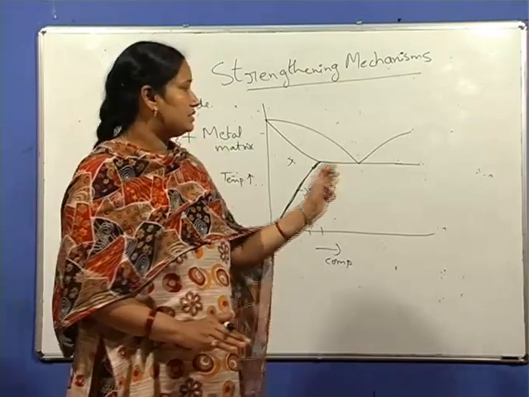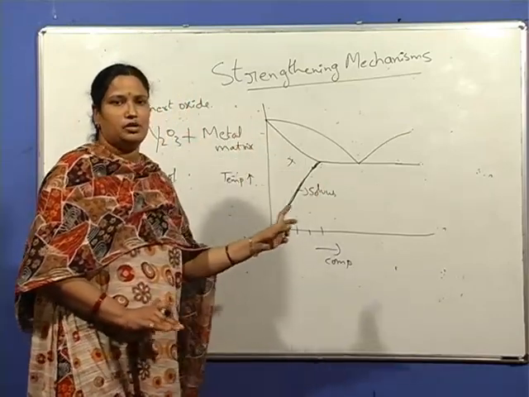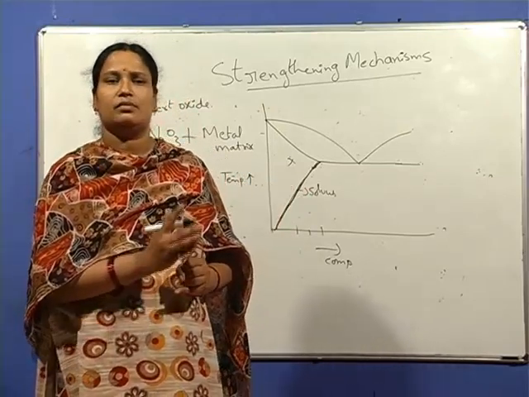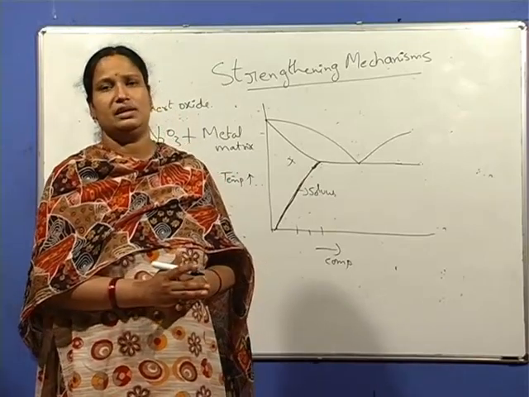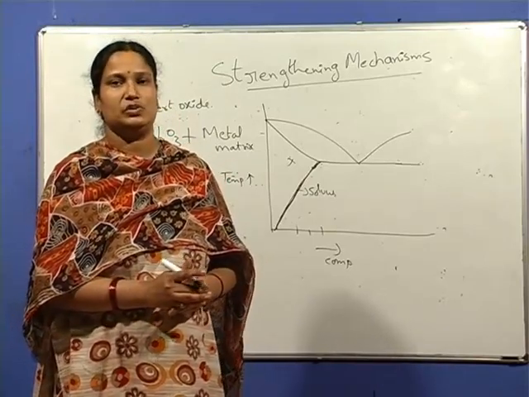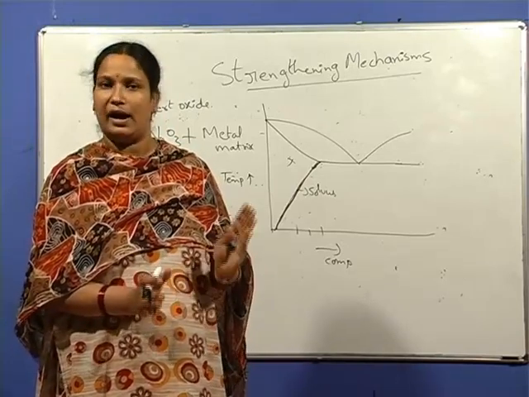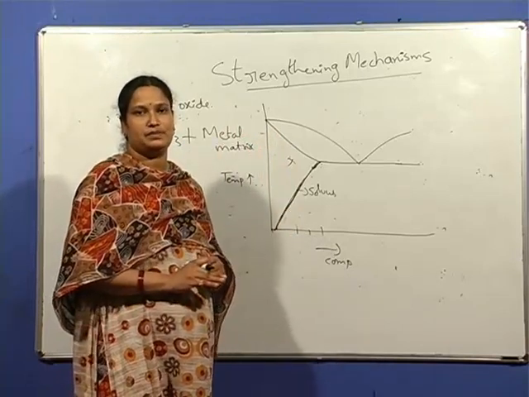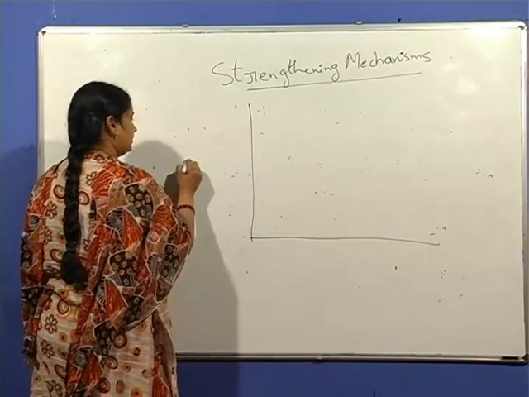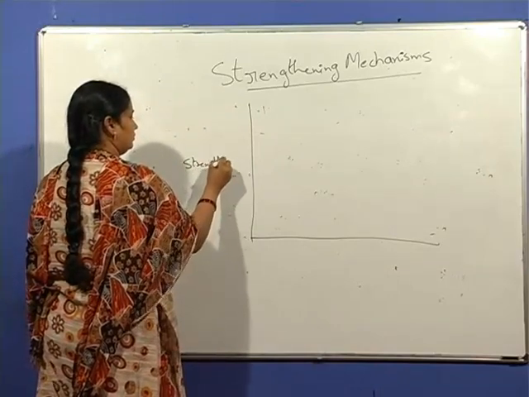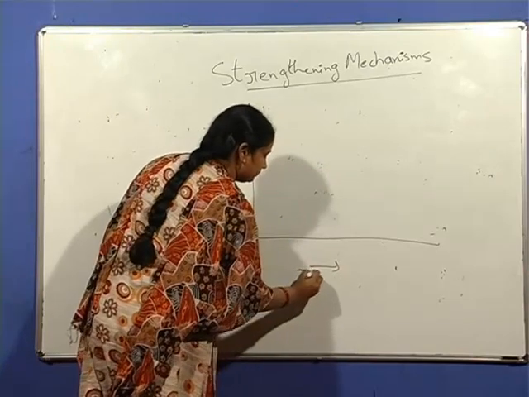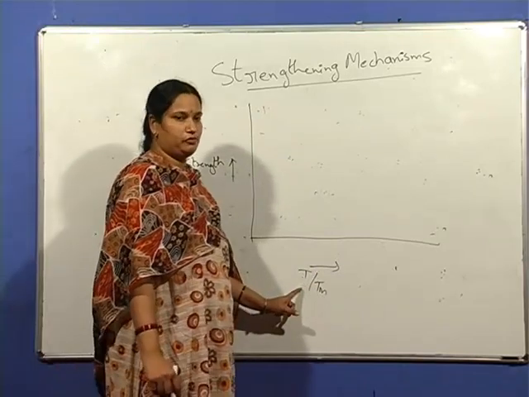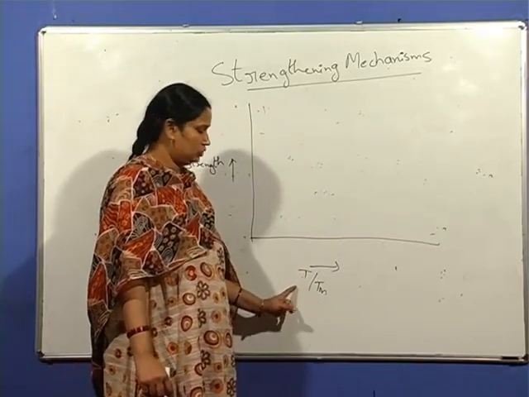So now I will draw a figure which shows the strengthening from solid solution strengthening, precipitation strengthening and dispersion strengthening with respect to temperature. So this is the strength and the homologous temperature. Homologous temperature is given in Kelvin. It is the ratio of the operating temperature to that of the melting point.